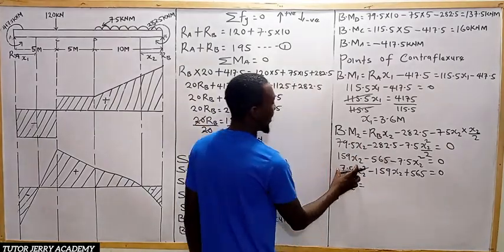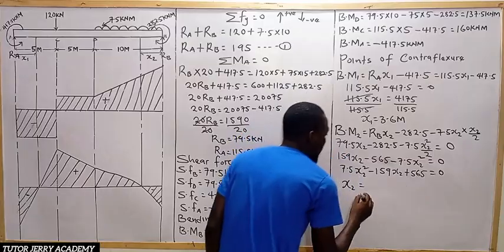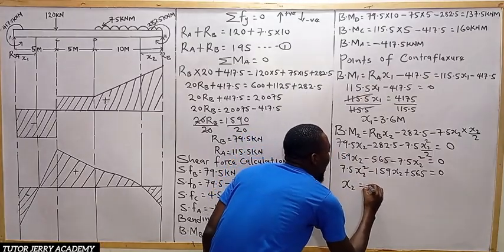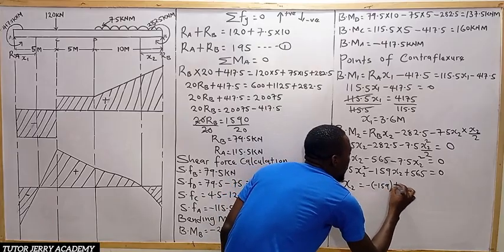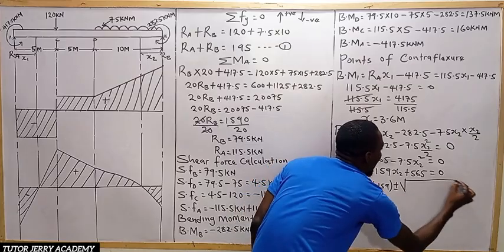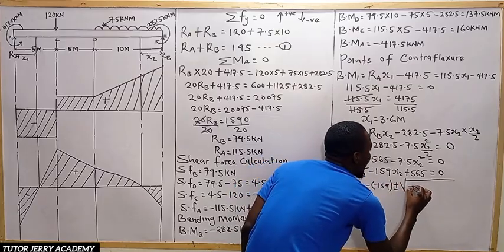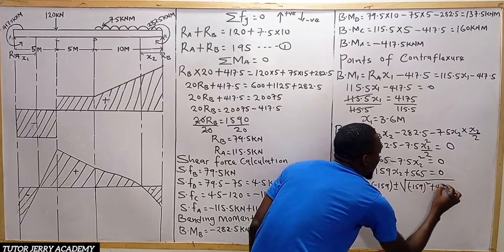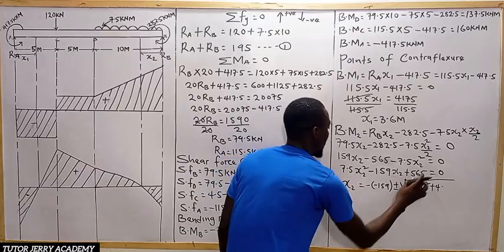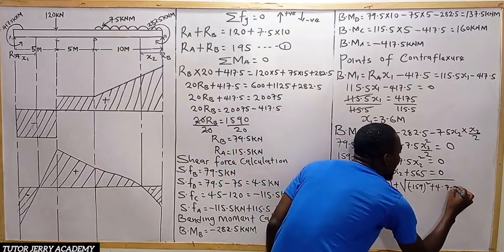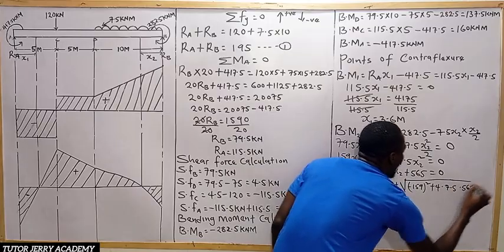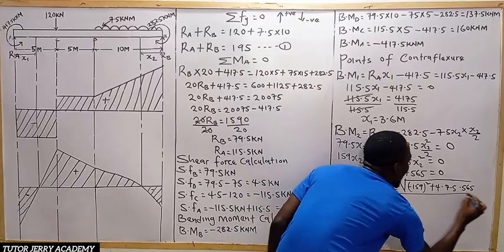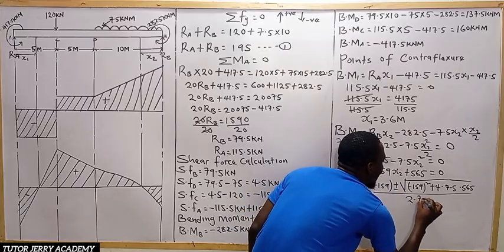This is our a, this is our b, this is our c. So we are going to have minus minus 159 plus or minus root of minus 159 all square minus 4 multiplied by 7.5 multiplied by 565, then divided by 2 multiplied by 7.5.